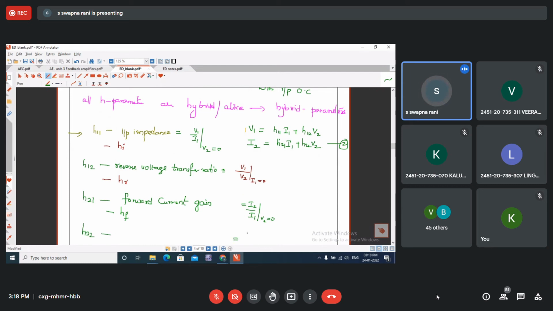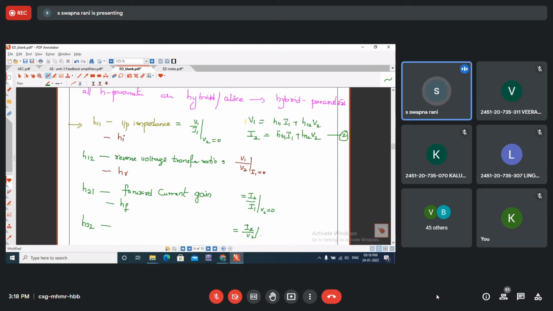We found that H22 is I2 by V2 with I1 equal to 0. This we called the output admittance. How to denote this?